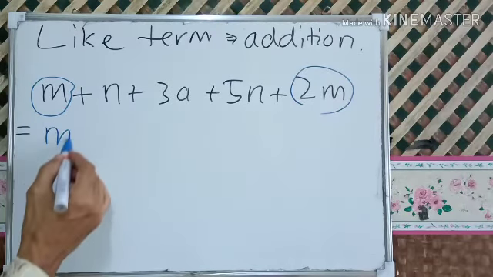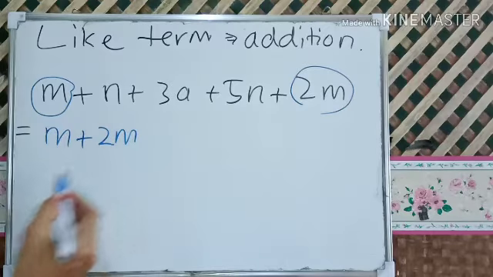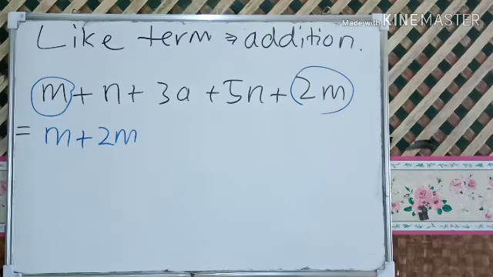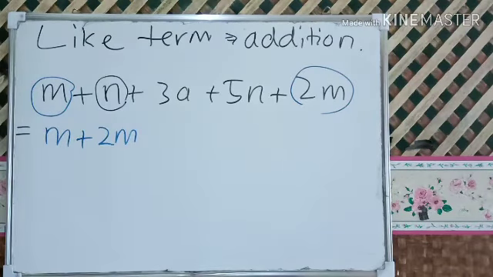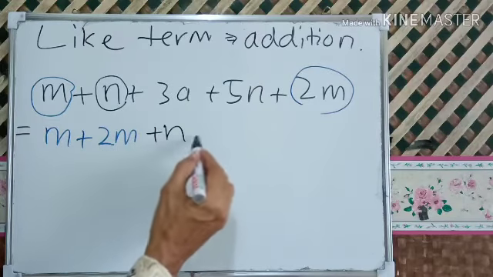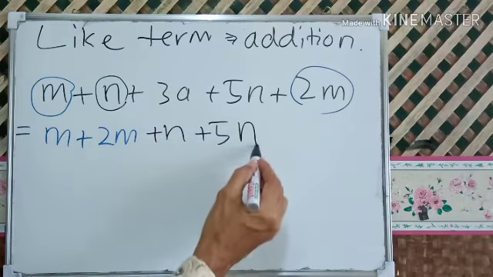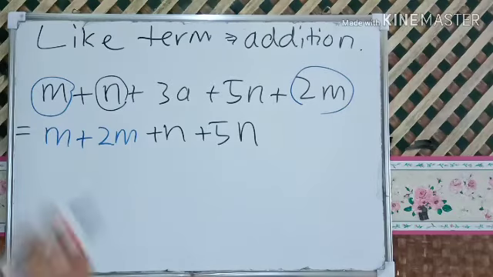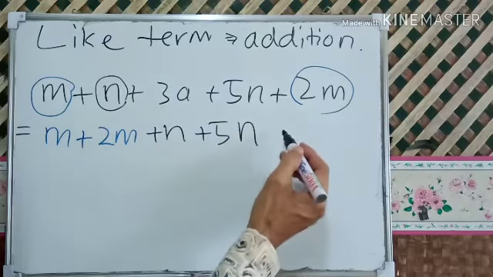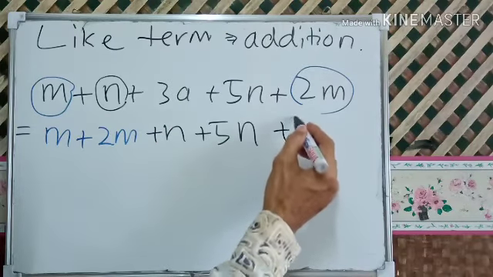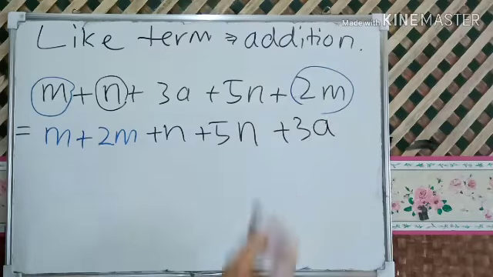So m plus 2m, and then see where we will find another variable n, n plus 5n, and a only one single with a pair, so write again.